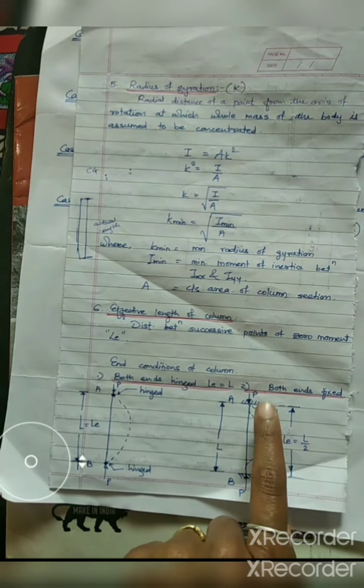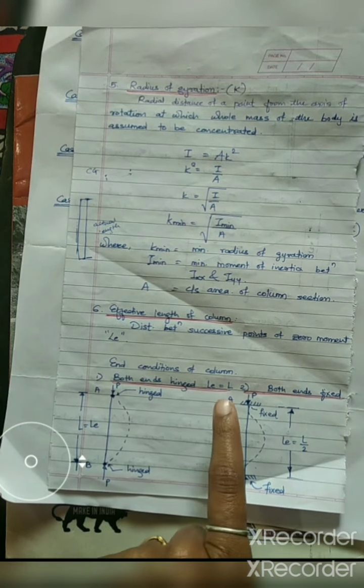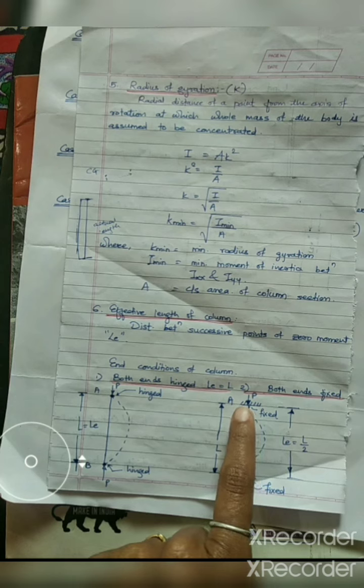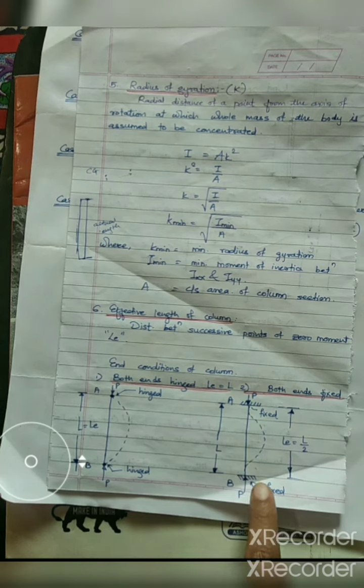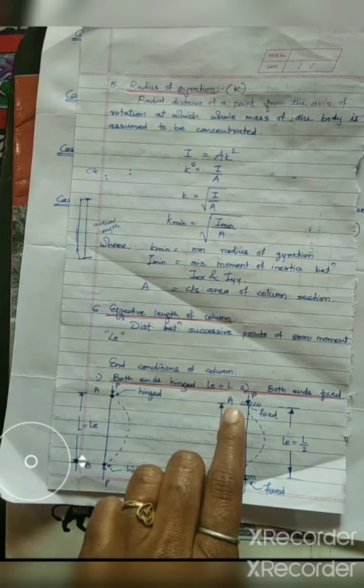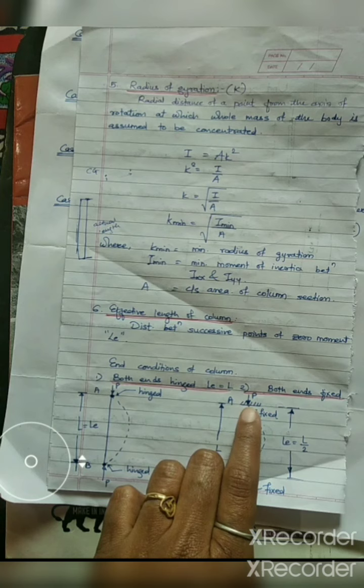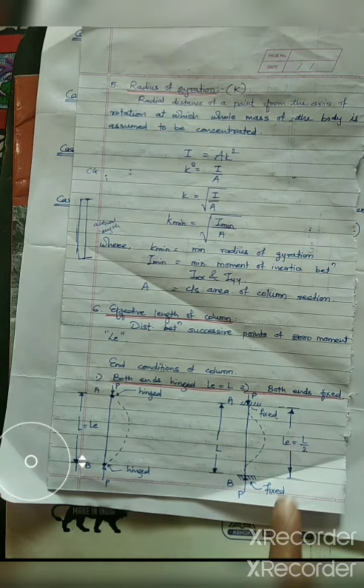The second condition is both ends fixed. This is the graphical symbol for a fixed end: a vertical line with inclined lines represents the fixed end.